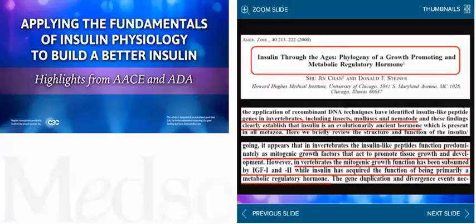But the big difference is that in invertebrates, the insulin-like peptides function predominantly as growth factors to promote tissue growth and development. On the other hand, in vertebrates, this mitogenic growth function has been taken over by IGF-1 and 2, and insulin has now become predominantly a metabolic regulatory hormone.